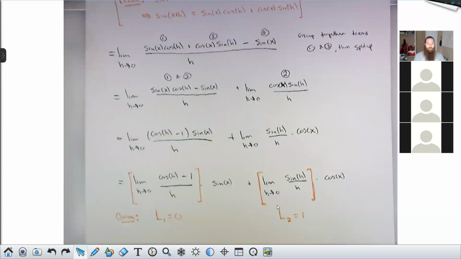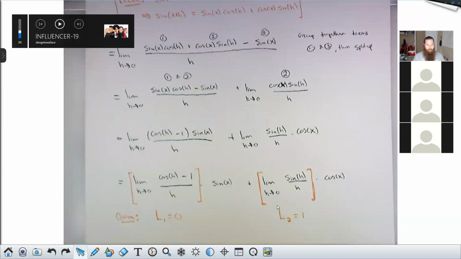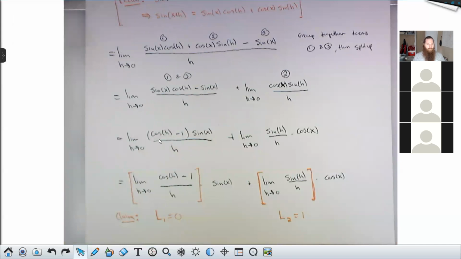Okay, I'm a little confused how you got cosine h minus 1. How do you know to put that in? How did you get minus 1? If you look at this term right here, and you factor out the sine, then this piece would become cos h, and this piece would become minus 1.